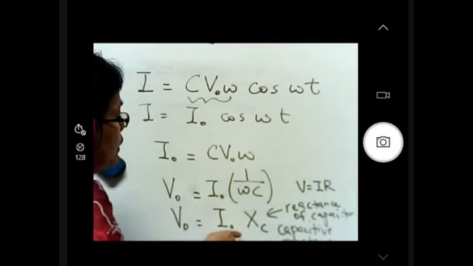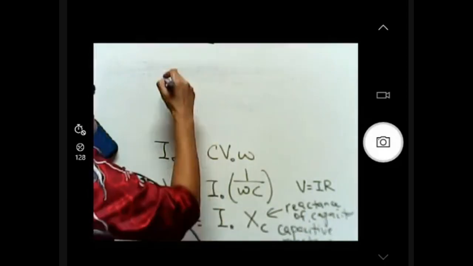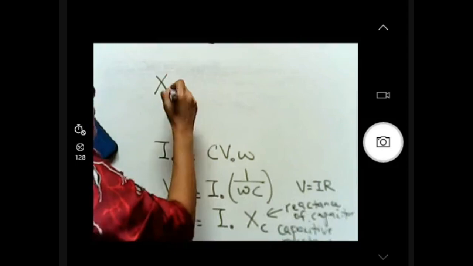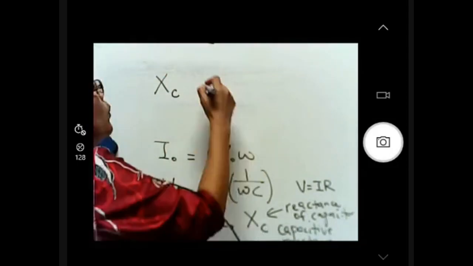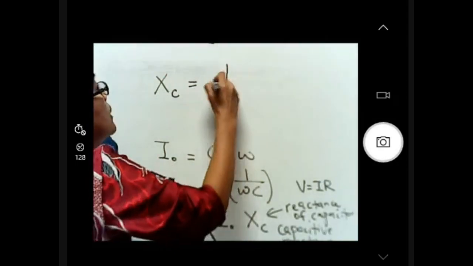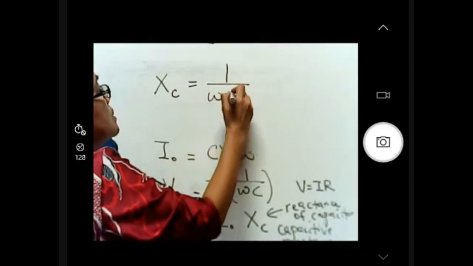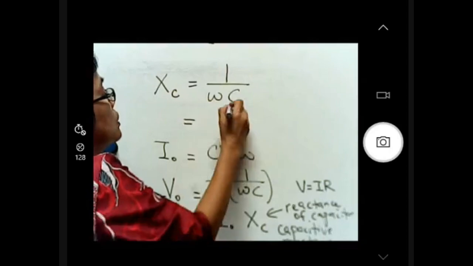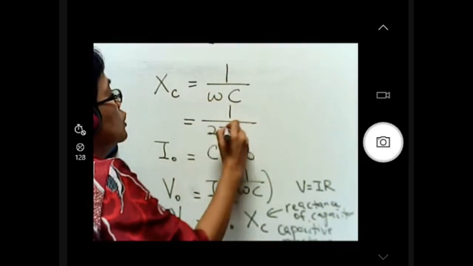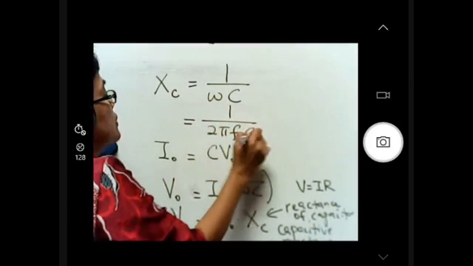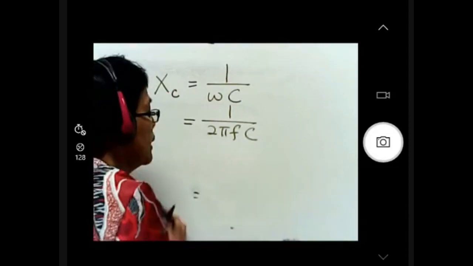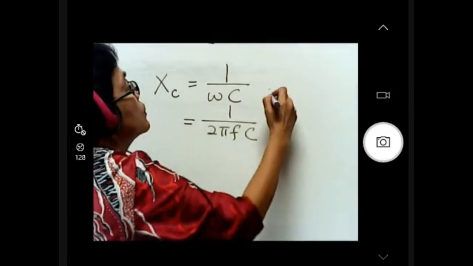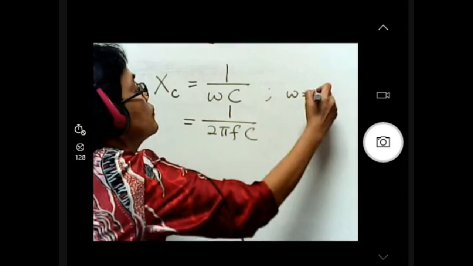So from here, when we compare, you find that reactance of capacitor, or capacitive reactance, will equal 1 over angular frequency multiplied with capacitance, or also equal to 1 over 2 pi fC. Why? Because angular frequency can be written in terms of frequency.